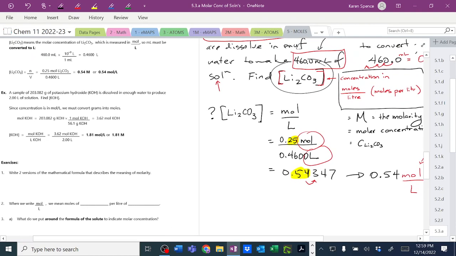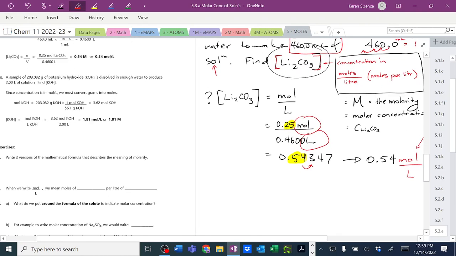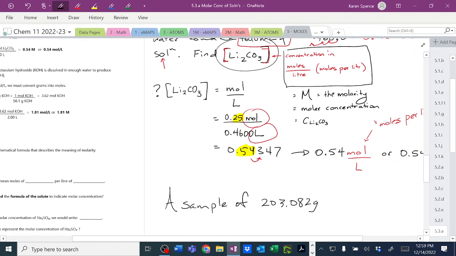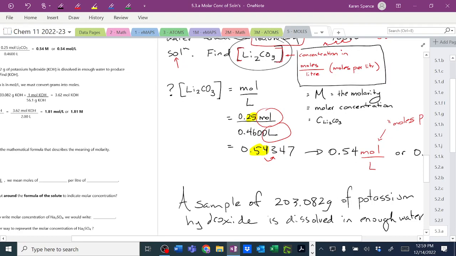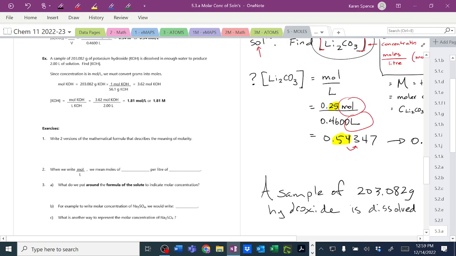A sample of 203.082 grams of potassium hydroxide is dissolved in enough water to produce 2.00 liters of solution.